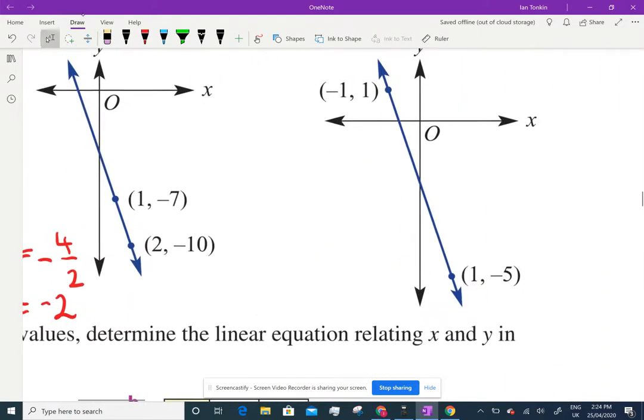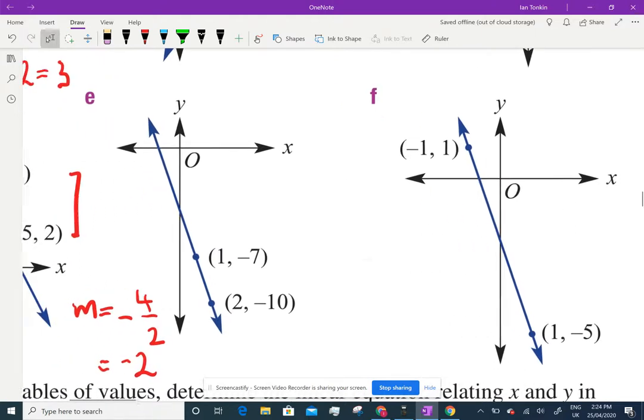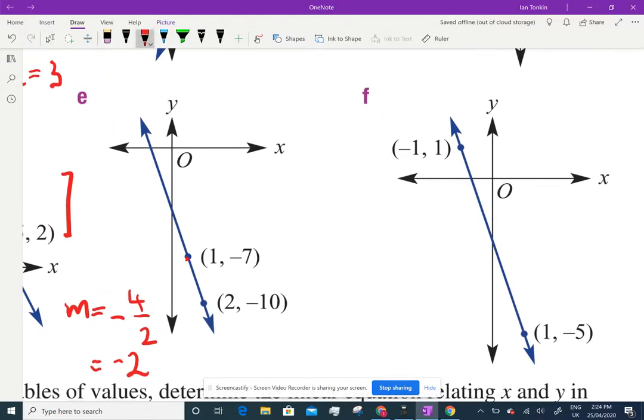Okay, the last one, E, and I want you to do F on your own. So again, draw yourself a little triangle. Go and have a go at it yourself if you want. And here you're going from negative 7 to negative 10. If you subtracted those, you would get 3.